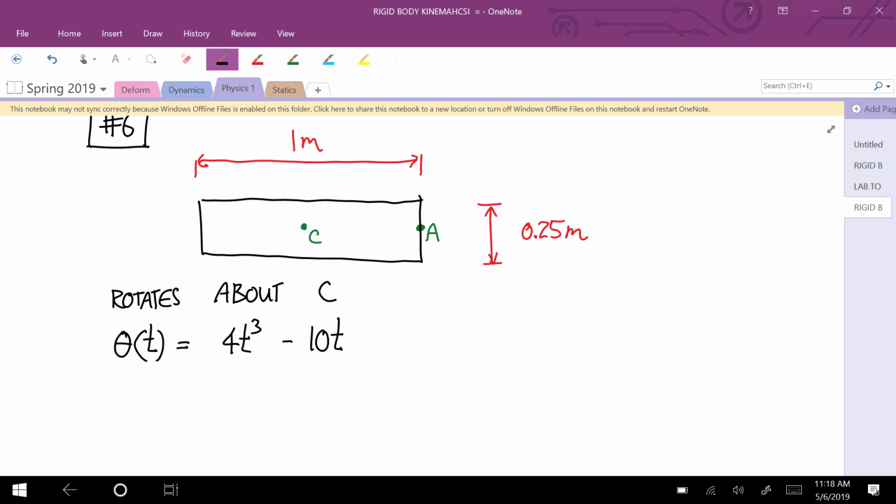And we need to calculate the mass moment of inertia about C, the mass moment of inertia about A, and the velocity vector of A at time equals 5 seconds. So when time is equal to 5 seconds, we're going to assume that the position looks like this.